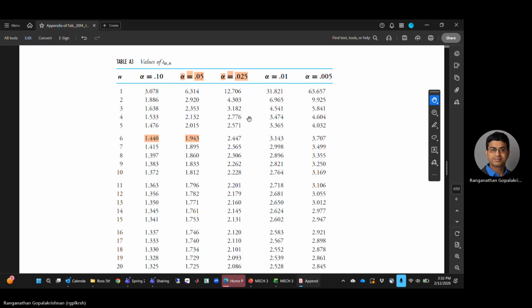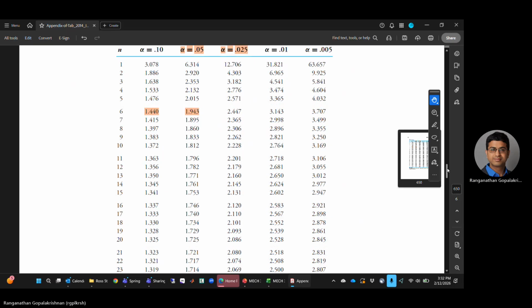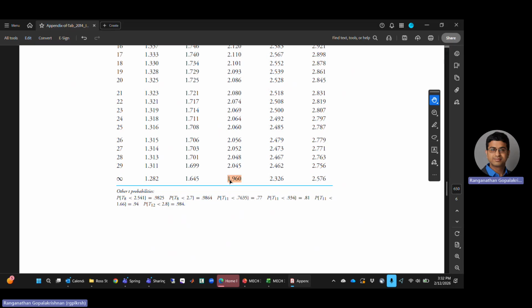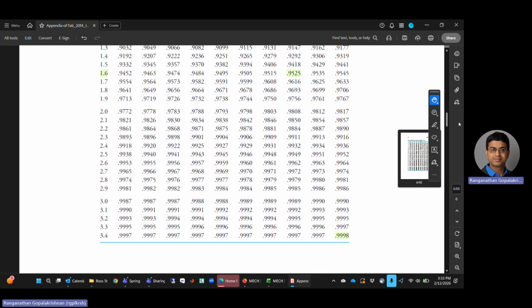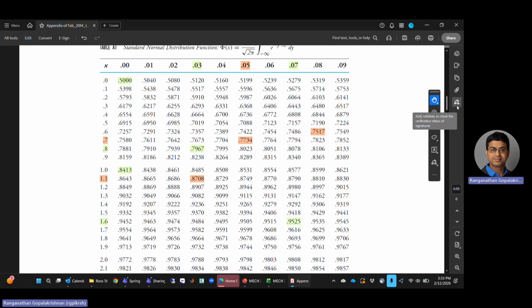There is a connection between this t distribution and the normal distribution that we learned, and you are going to uncover that connection for me now. 1.96. What is the significance of 1.96 in the standard normal distribution? Can somebody stare at the standard normal distribution and tell me?